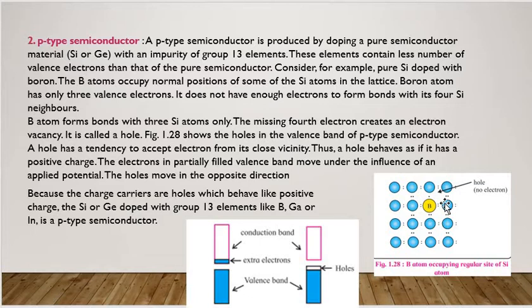A hole has a tendency to accept an electron from its close vicinity. Thus, a hole behaves as if it is a positive charge, and the electrons in the partially filled valence band move under the influence of applied potential, and the hole moves in the opposite direction. So this is about P-type semiconductor.